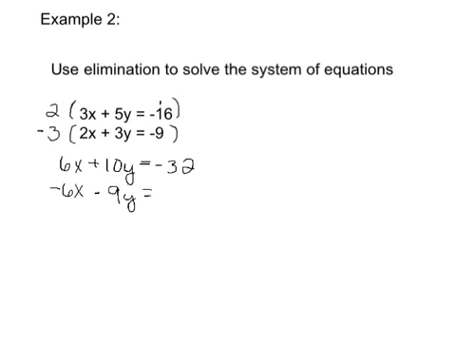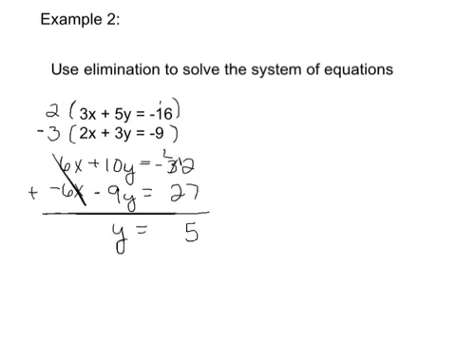Negative 3 times negative 9 is positive 27. Now I have x's with the same coefficient, opposite sign. So if I add these together, the x's are going to cancel. 6x minus 6x is gone. 10y minus 9y is 1y. 32 minus 27 is negative 5.